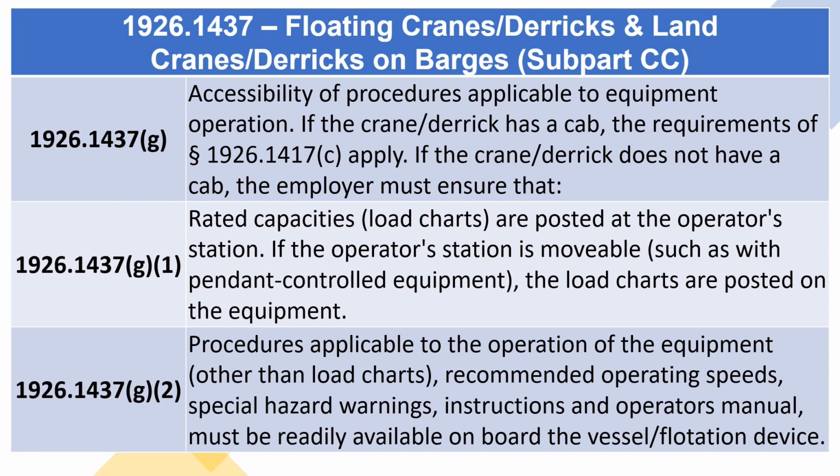If the operator's station is movable, such as with pendant-controlled equipment, the load charts are posted on the equipment. Procedures applicable to the operation of the equipment, other than load charts, recommended operating speeds, special hazard warnings, instructions and operator's manual, must be readily available on board the vessel/flotation device.